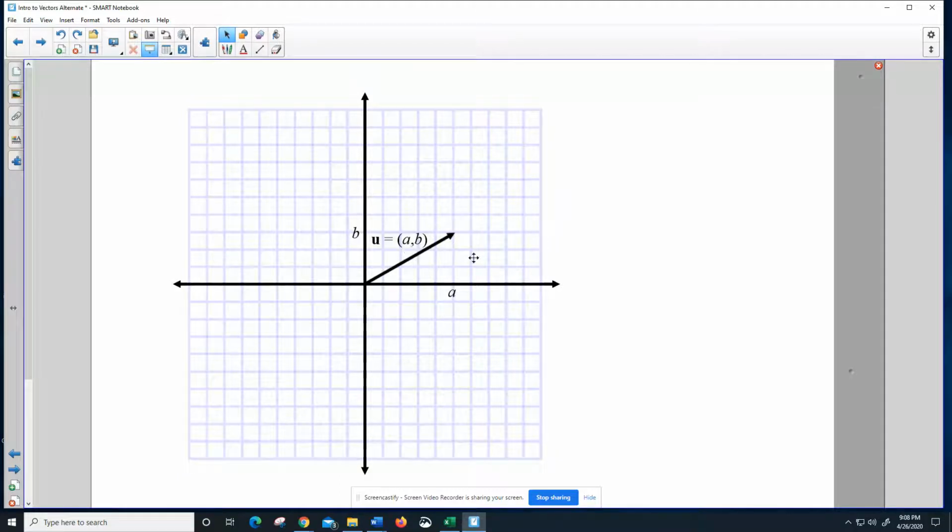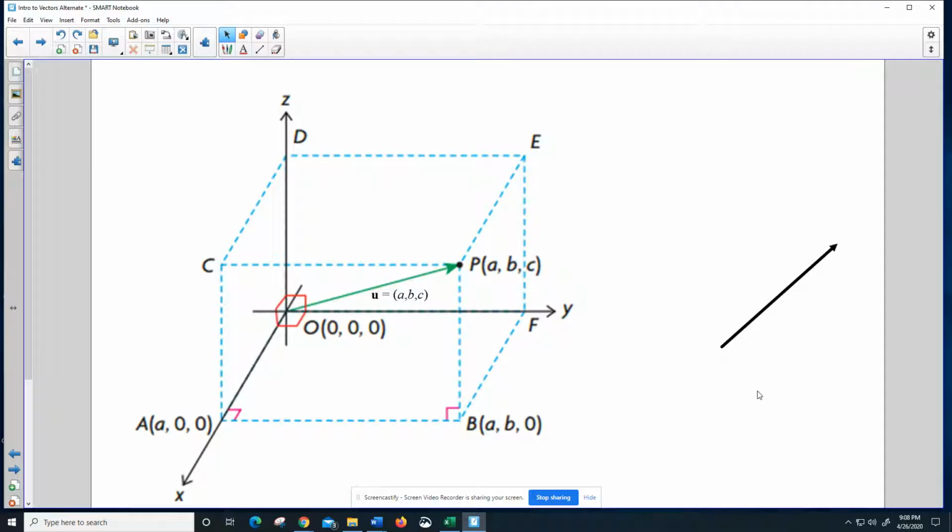Now, one of the advantages is that it makes defining vectors in 3D much easier. So in 3D, we do the same thing, where we're working with a 3D Cartesian coordinate system. So you have 3 axes instead of 2, and they're all mutually perpendicular. So x is perpendicular to y, to z, and z to x.